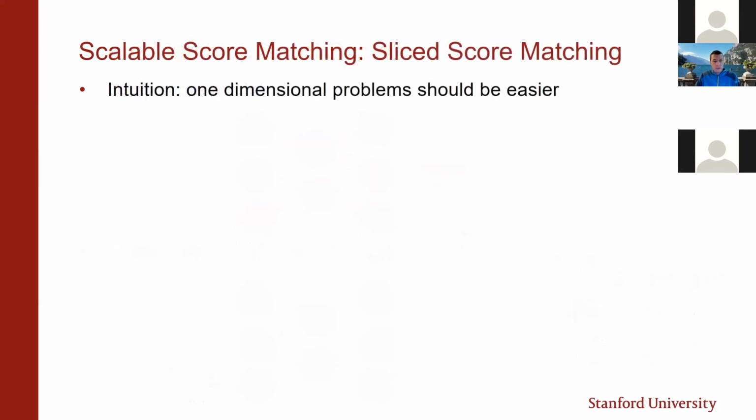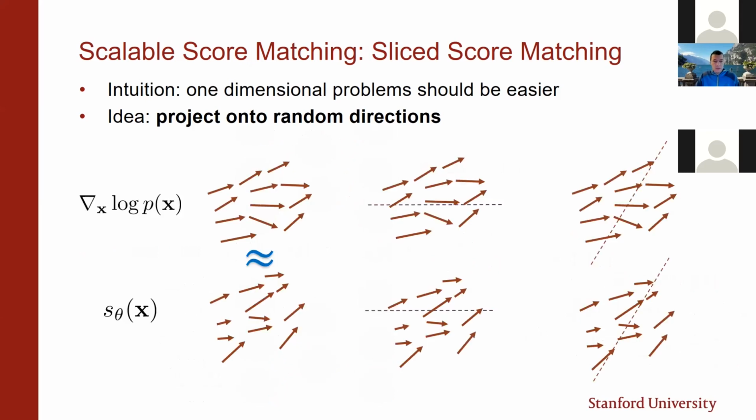Well, one way to do this is something we call sliced score matching. The intuition here is that one-dimensional problems are usually easy to handle. And so perhaps we can make progress by applying random projections to this vector field. Remember what we're trying to do is compare these two vector fields, the model and the true one.